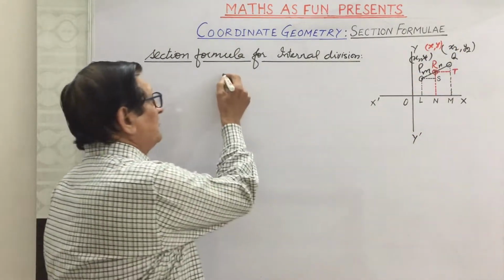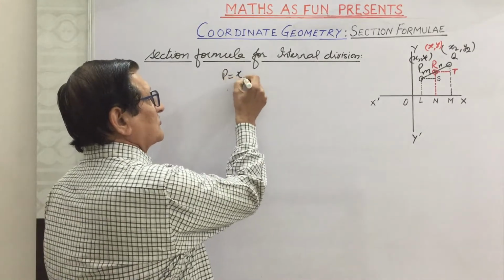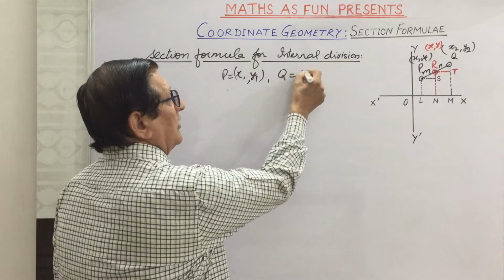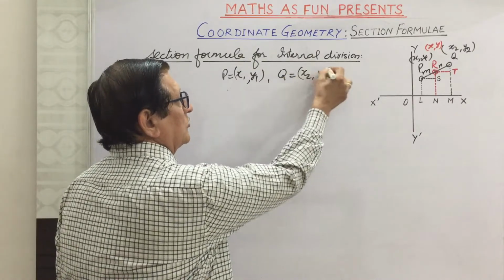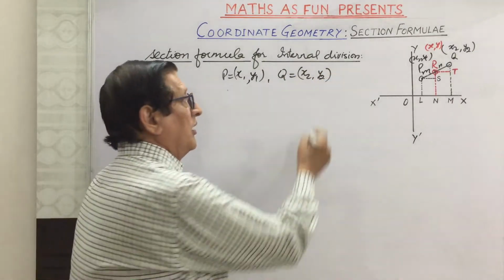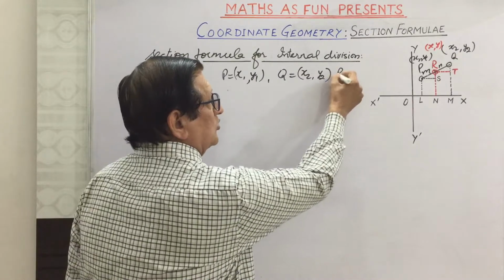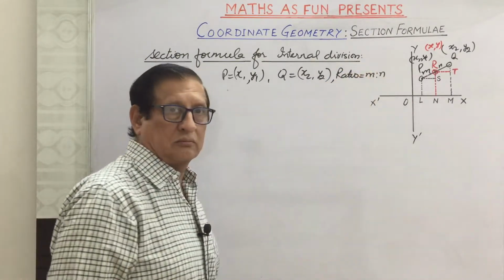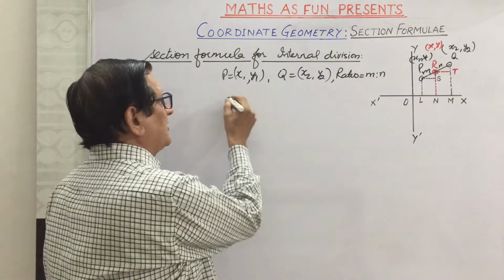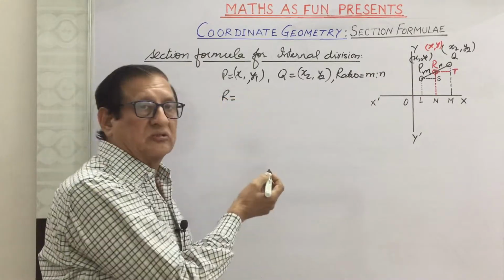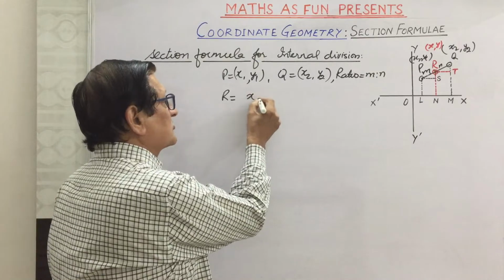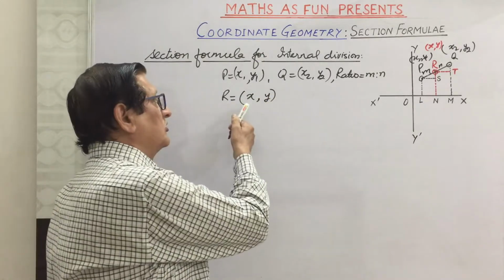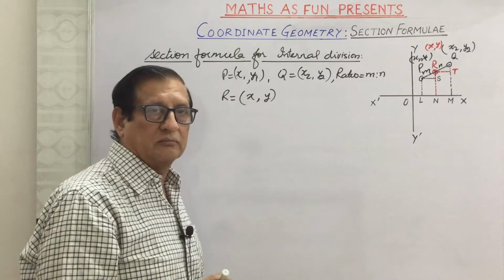The coordinates of P, x1, y1. Q, x2, y2. And we have taken the ratio m:n. The point of division we are taking R and the coordinates of this are suppose x, y. We have to find out the coordinates of x and y.